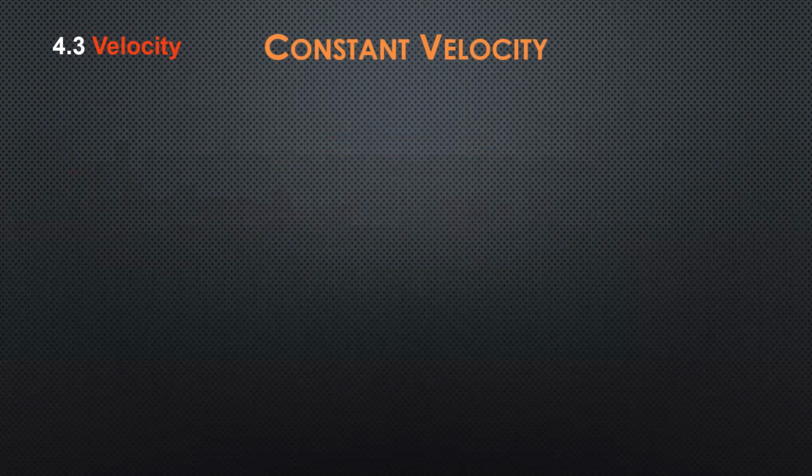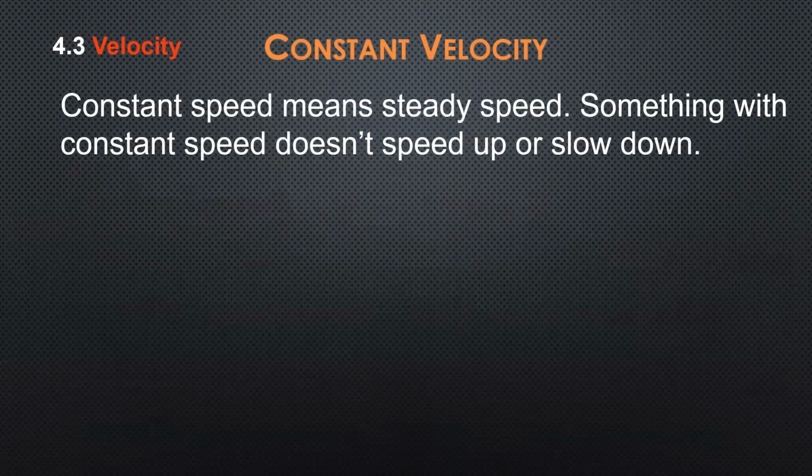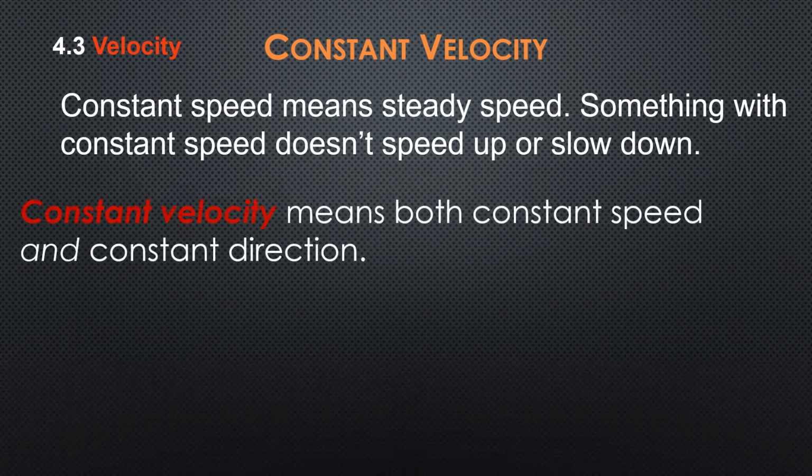Let's look at the difference between constant velocity and changing velocity. Constant means it stays the same, right? So constant speed would mean a steady speed. Something with a constant speed doesn't speed up or slow down. If you're on a roller coaster and it's jittery, that's not constant speed. Constant speed would be smooth the entire way. Constant velocity goes one step further.